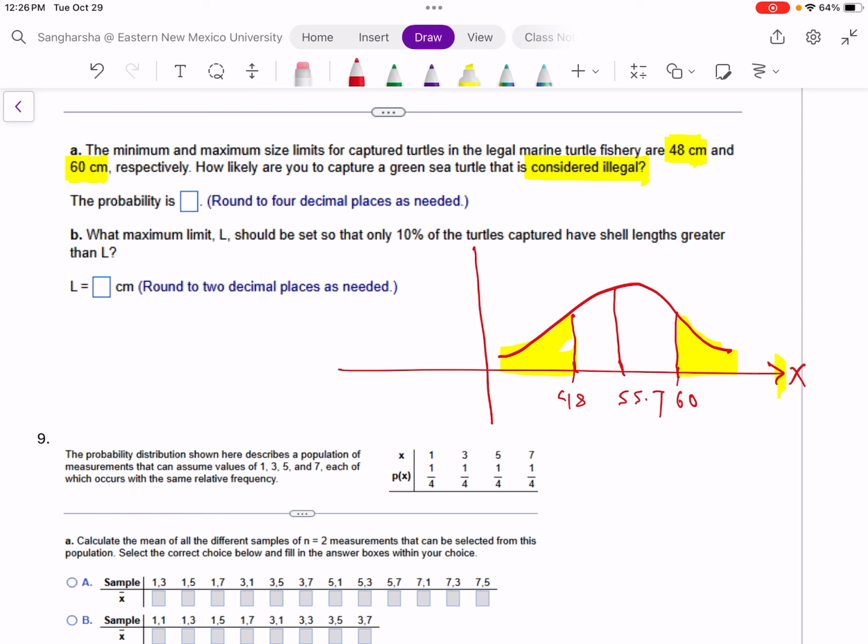Once you know the area of this middle region, you subtract from 1 and you get the total area. Or you can just find the area of this region separately, find the area of this region separately, and you just add. Or you just find the area of this region and subtract from 1.